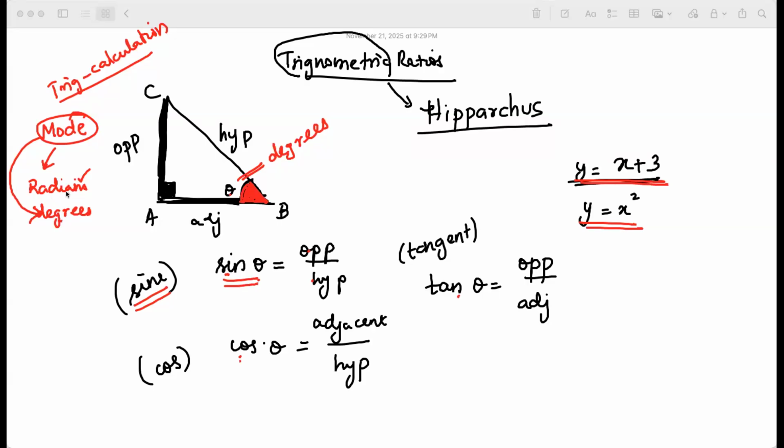If by mistake you start typing sine of, let's say the angle is 3 degrees, or 3 in radians as well. Sine of 3 radians is different from sine of 3 degrees.